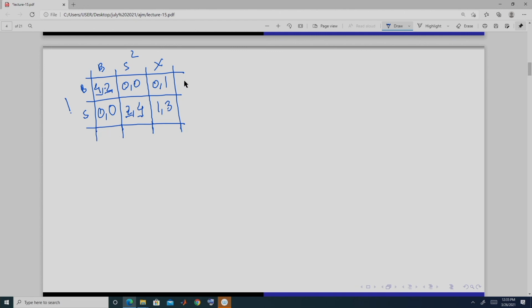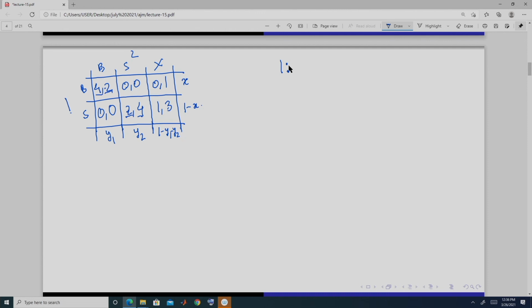Okay. So, suppose player 1 attaches probability x to this action or strategy B, and to strategy S it attaches 1 minus x, and player 2 attaches suppose y1 to B, y2 to S, and 1 minus y1 minus y2 to X. Okay. So, now let us write the payoff of player 1.